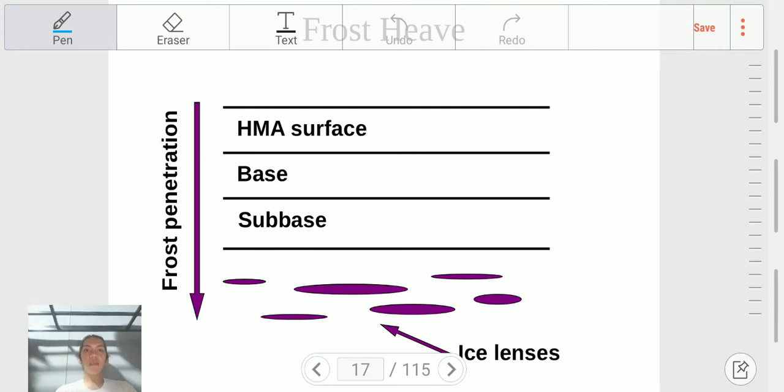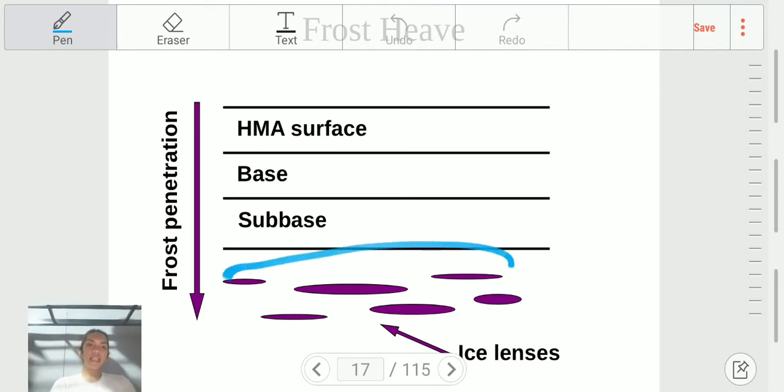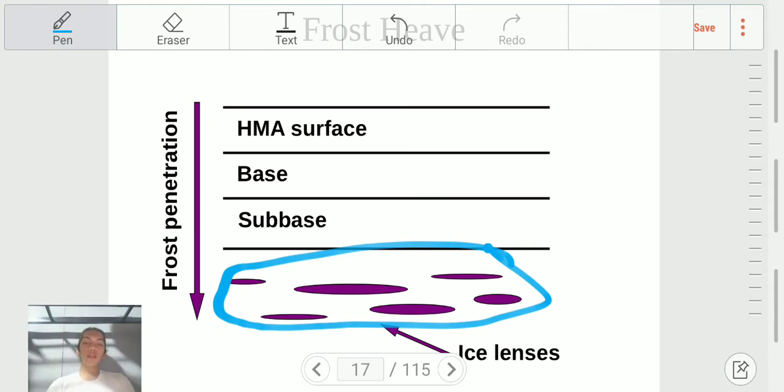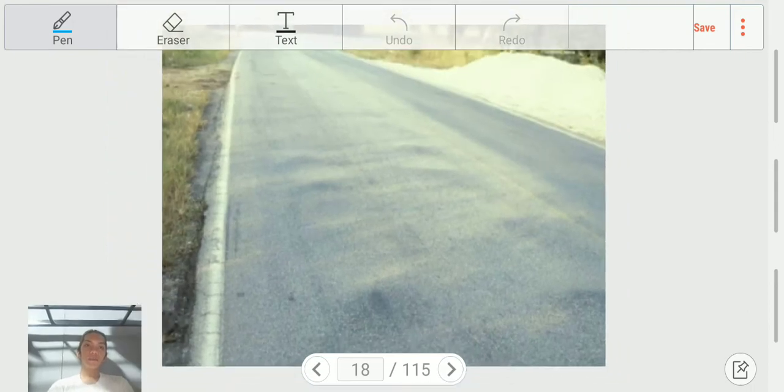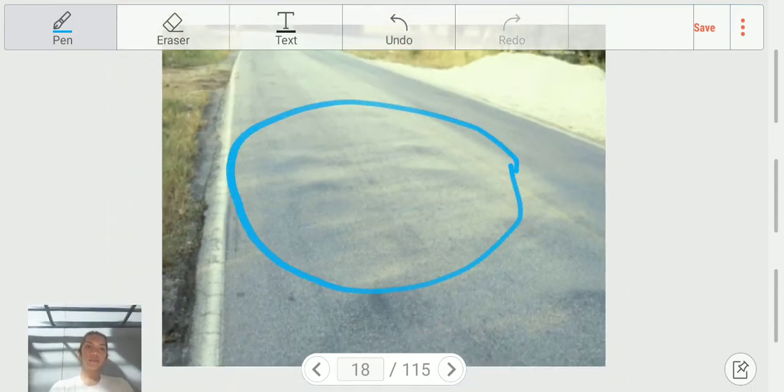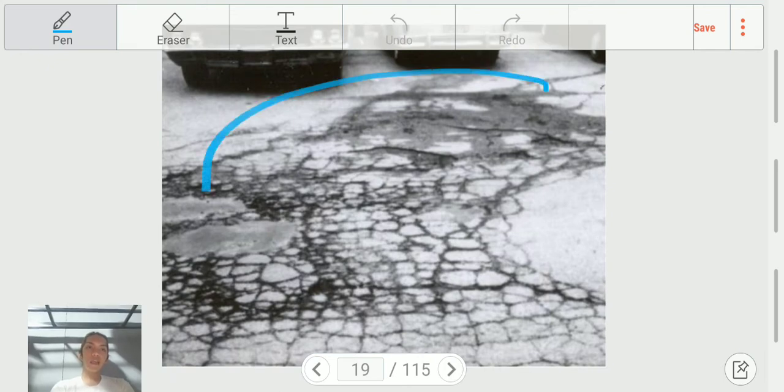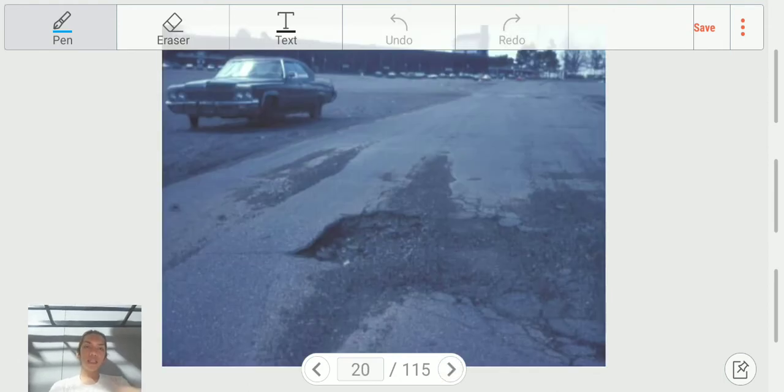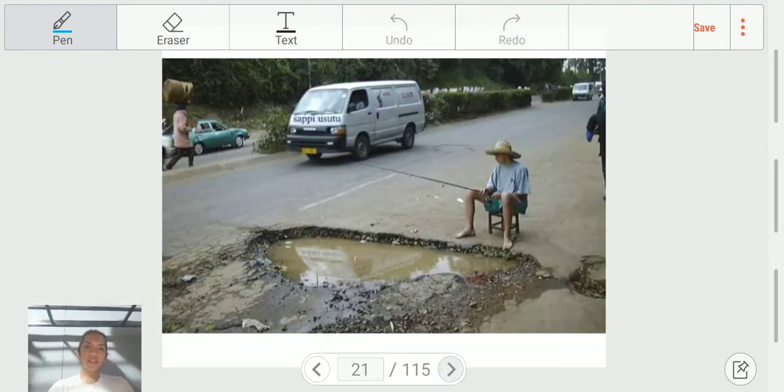In the first presentation, we had the HMA surface, base, sub base, and ice lenses. Ice lenses can also be one of the reasons why our road fails. The ice lenses are soft, so the surface is not plain. There are a lot of cracks because of the ice lenses in our sub base.